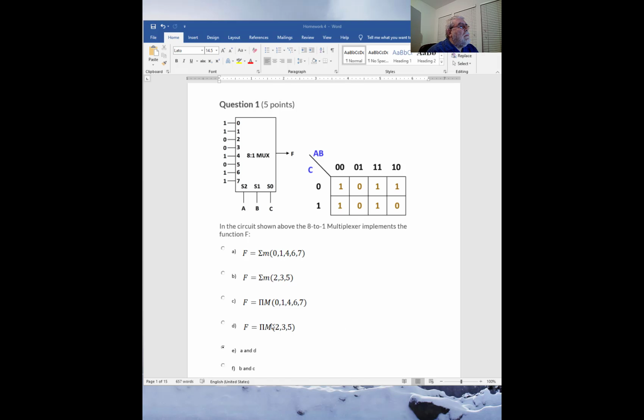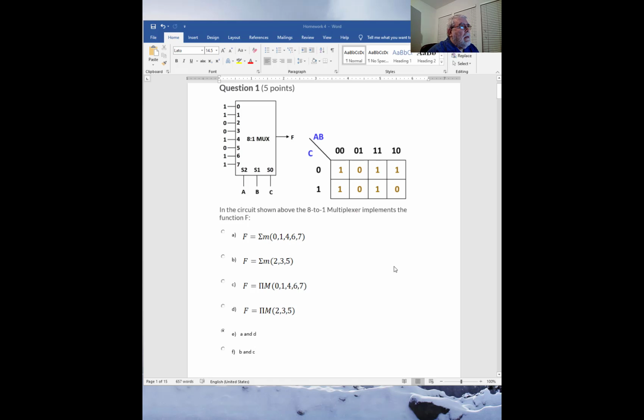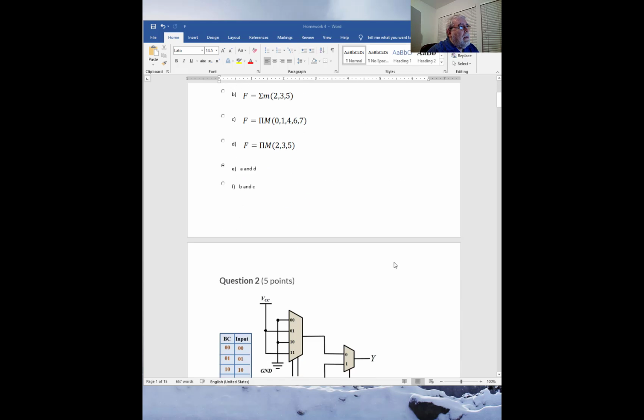So both A and D are correct. Remember, this is always like that. Don't just find a solution and stay there. You need to go further and see if the other solutions are also valid. By now you should be current on that.